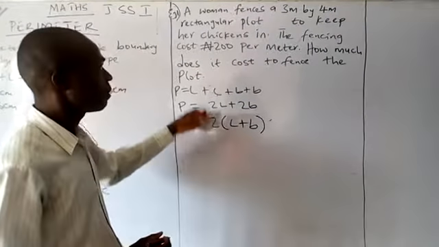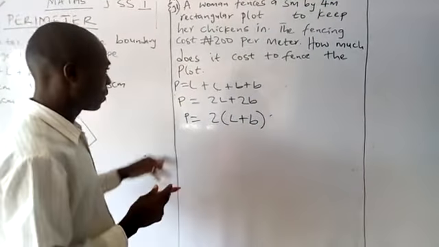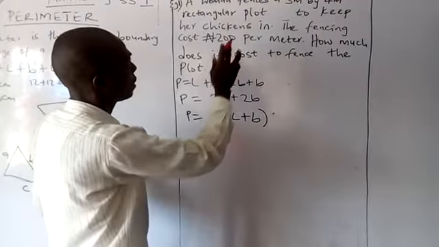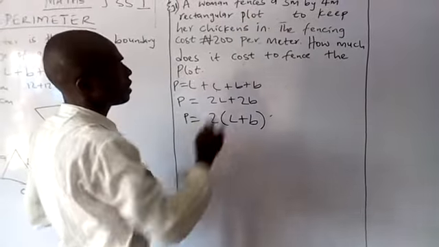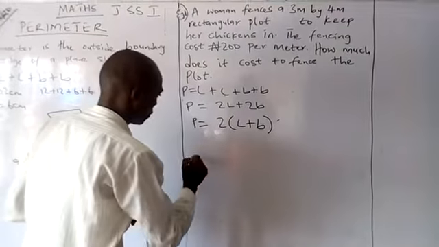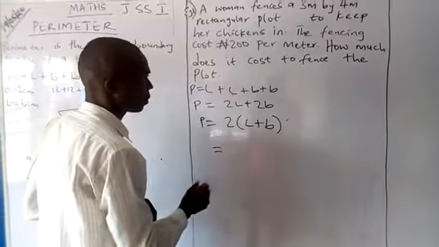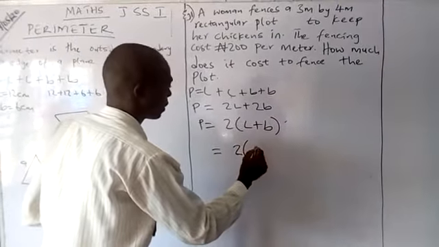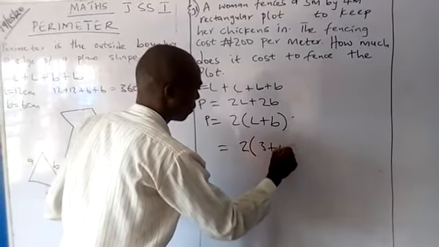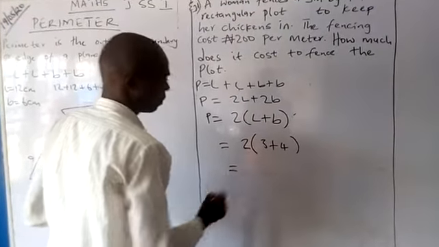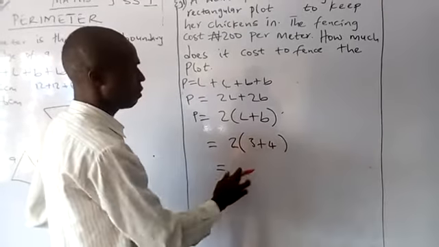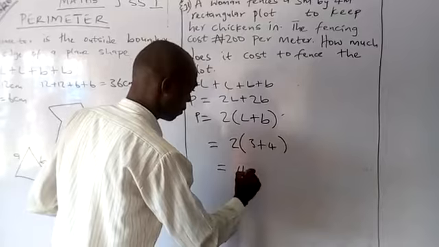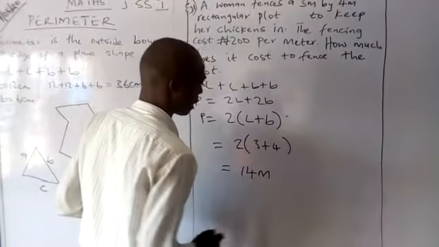Now let us use this formula to calculate. P equals 2 times L plus B. The plot is 3 by 4, so P equals 2 brackets 3 plus 4. 3 plus 4 gives us 7, times 2 gives us 14 meters.